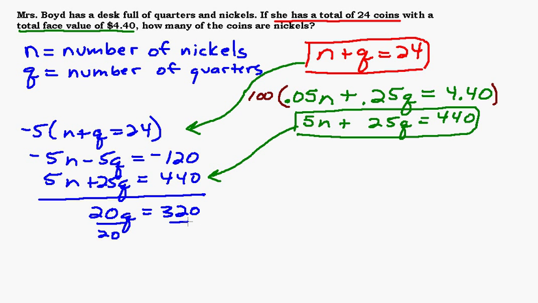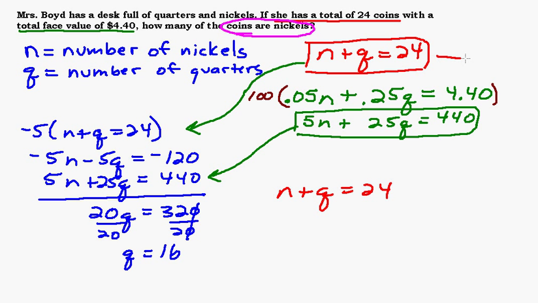Divide both sides by 20. We're almost home. This is actually coming out nice, which I would hope, because I really don't want fractions of quarters. 16 quarters. Wonderful. All right, what was the question? Oh, I was supposed to find out how many nickels there are. Well, that's not going to be too bad, because my red equation here told me that n plus q equals 24.